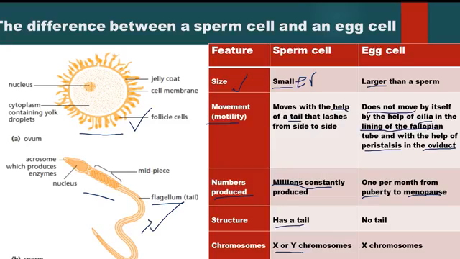So which means it only contains one set. So it can only be X or Y. Don't say X and Y. Many students will say X and Y, which is wrong. It is X or Y. Then when it comes to the egg cell, eggs only contain the X chromosome. So those are the differences between a sperm and the egg. So please be in a position to give us the differences between these gametes.